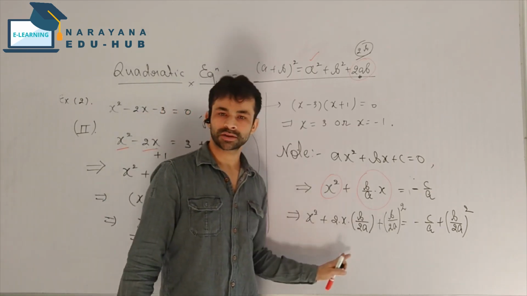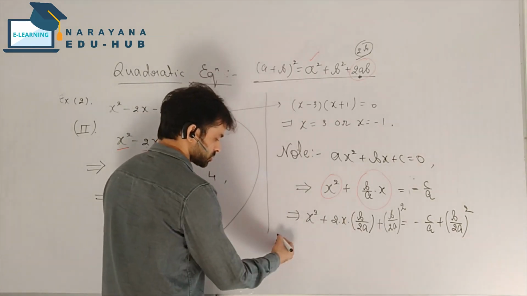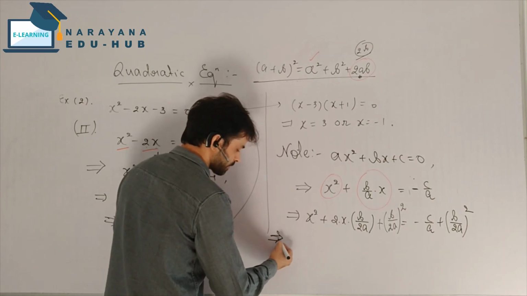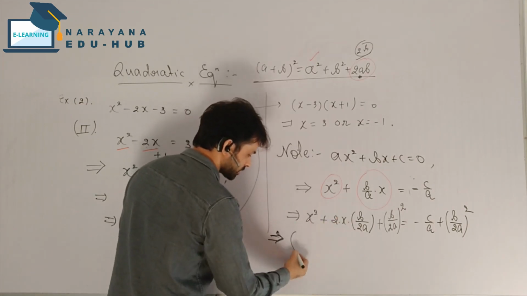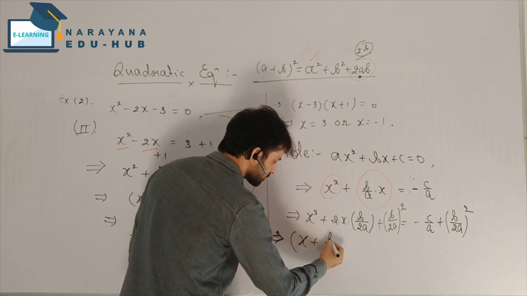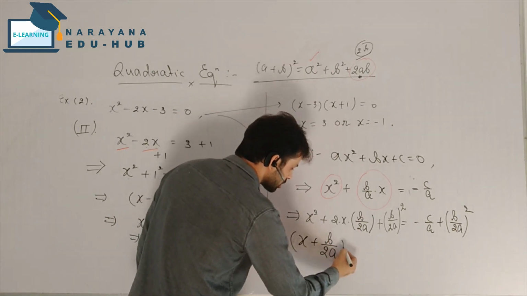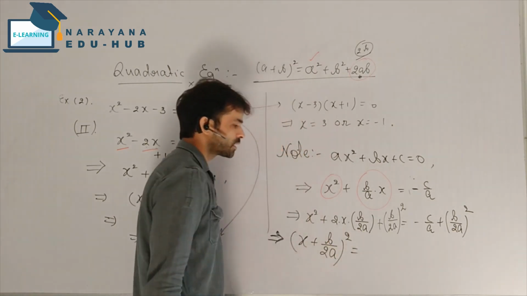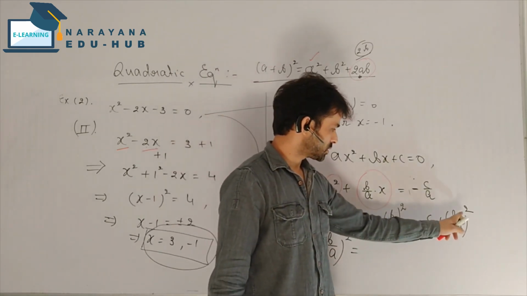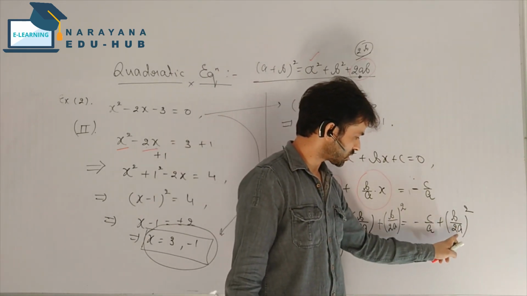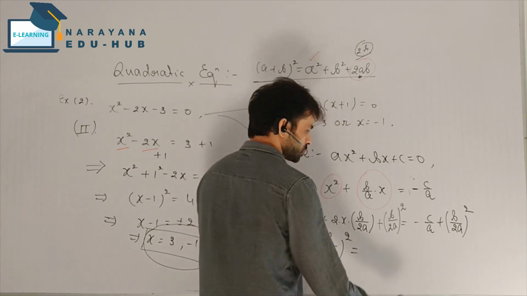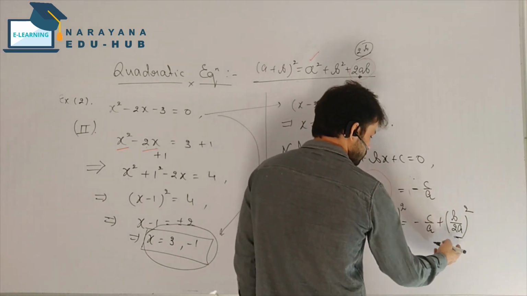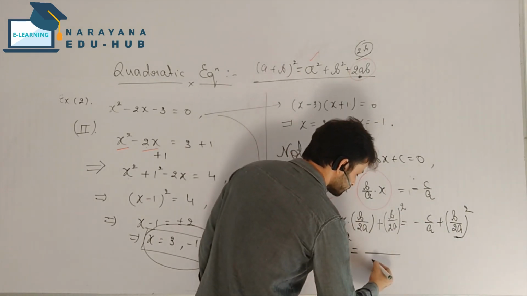Okay, the square is completed. So this has become the complete square, x plus b by 2a whole square is equal to how much? This is b square upon this square, means 4a square. So the LCM will be 4a square.